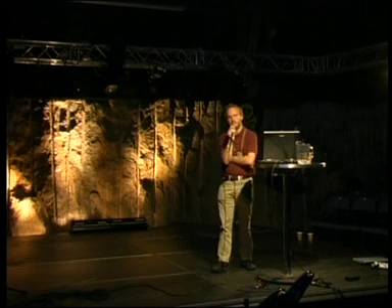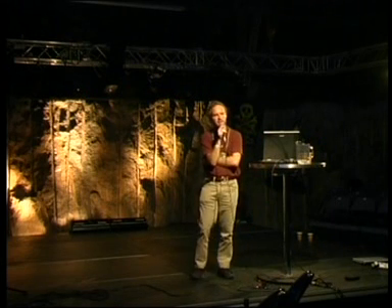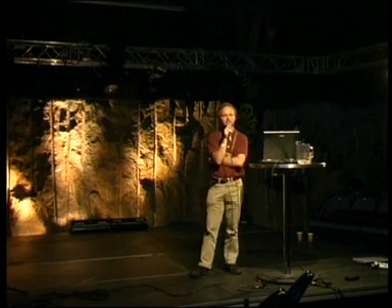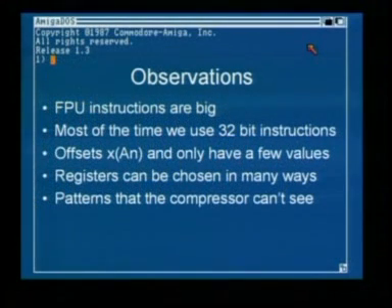So when you want to design such a language, you can make a couple of observations about Amiga code in specific. So FPU instructions are very big. All of these floating point instructions are at least 4 bytes long. So when you make FPU code, your code just blows up and becomes huge.